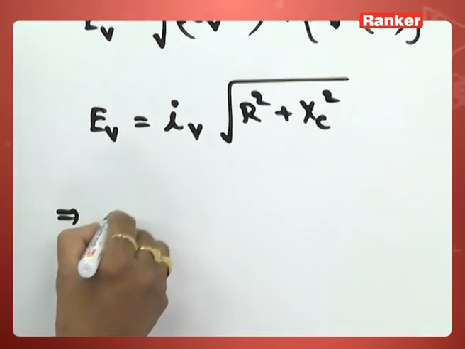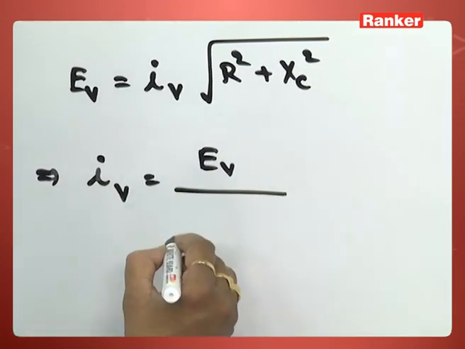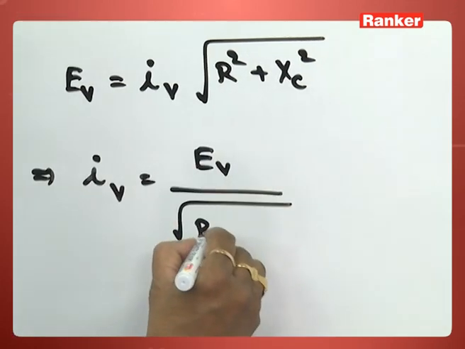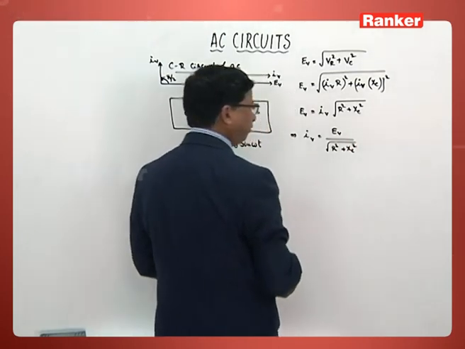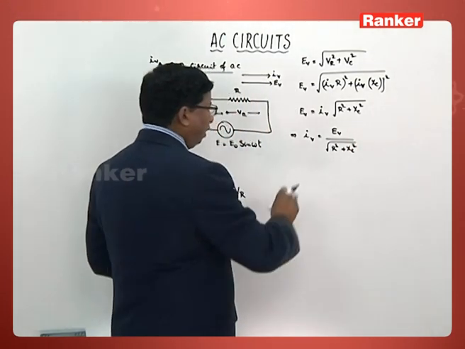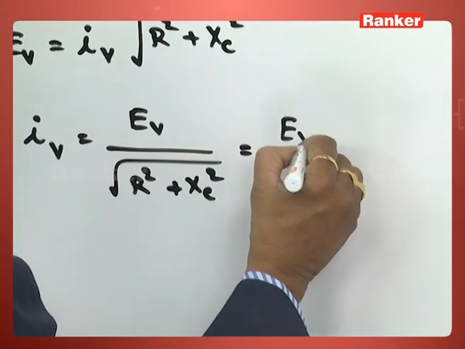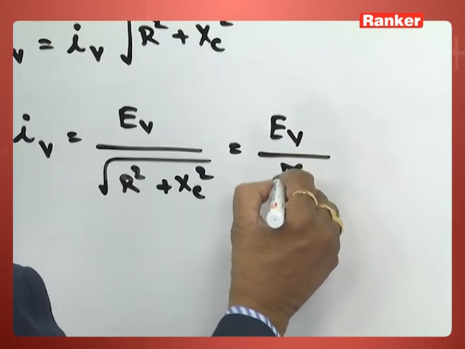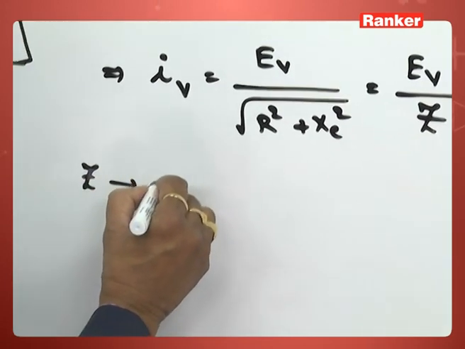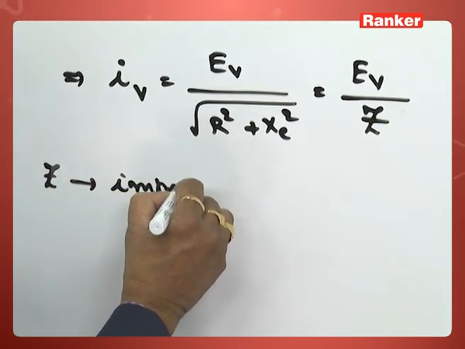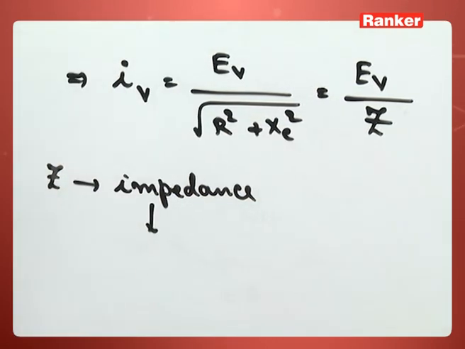Then we can rewrite the same this way, the virtual value of current now becomes virtual value of EMF divided by root over R square plus XC square. And this root over XC square plus R square we represent by Z. And Z again is called impedance.